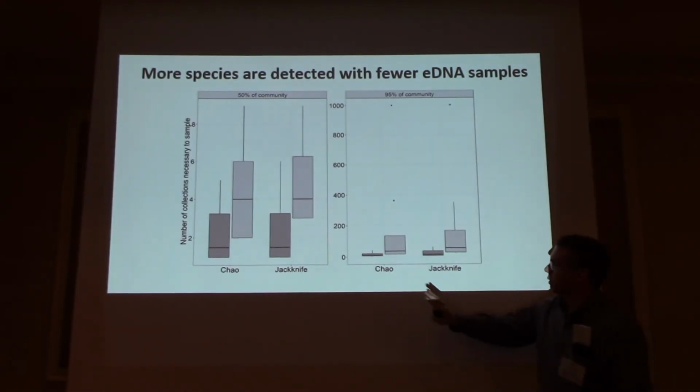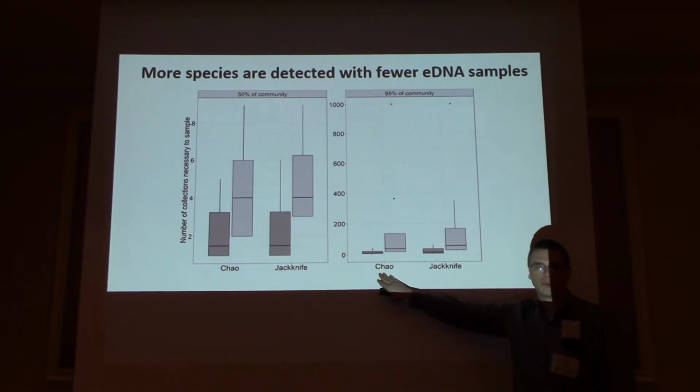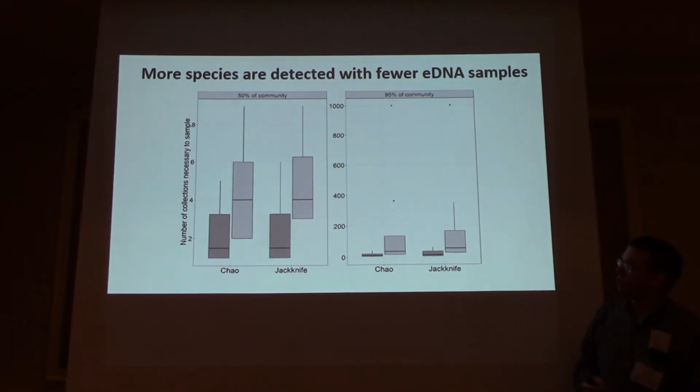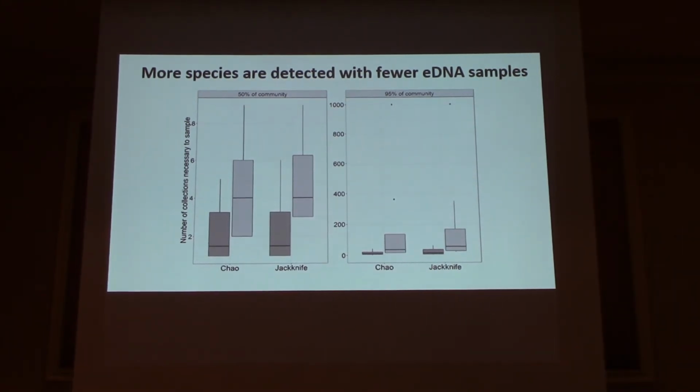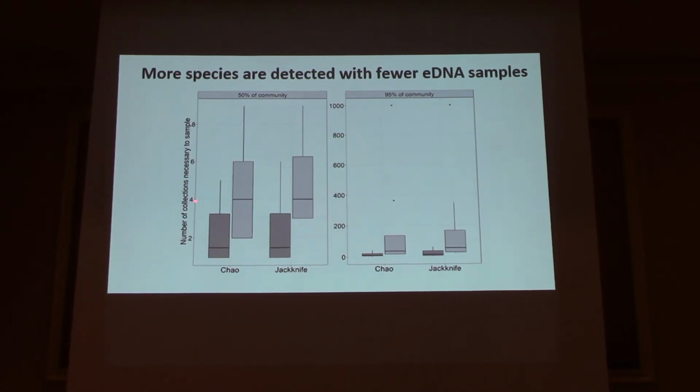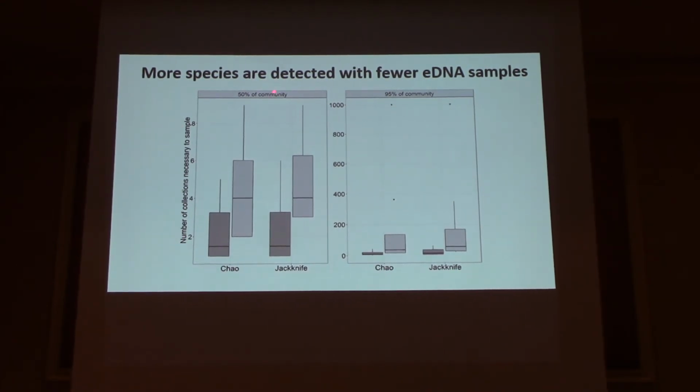And we did this based on a Chao estimate of total number of species or jackknife estimate of total number of species. And what I'm showing you here is on the Y is the number of collections necessary to sample 50% of the community and 95% of the community. And in both cases, eDNA sampling approaches can sample 50% and 95% of the community in fewer samples.